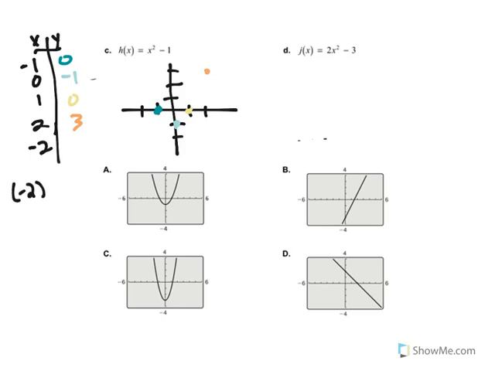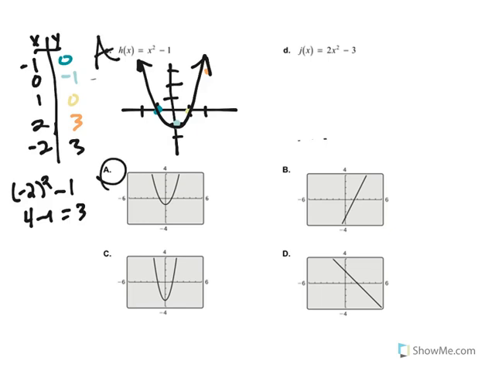Negative 2 squared minus 1: negative 2 times negative 2 is a positive 4 minus 1, which is 3. Aha! This is called a parabola. We're going to work a lot of this towards the end of Algebra 1. And it actually looks like this. So we used B, we used D, so therefore this one would be C.